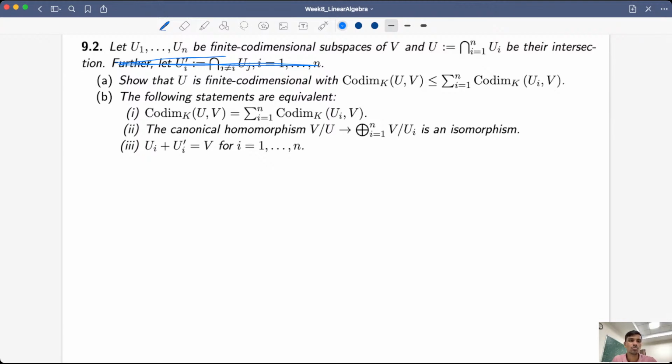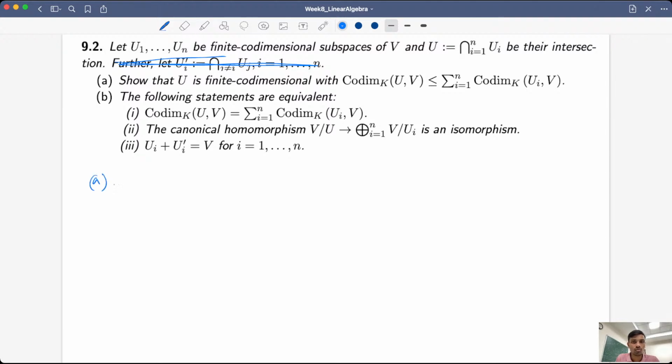But in this case you are given that the Ui's are finite codimensional, so then the intersection will also be finite codimensional, and the codimension will be bounded by the sum of the codimensions of all the Ui. Okay, so this is the first one.